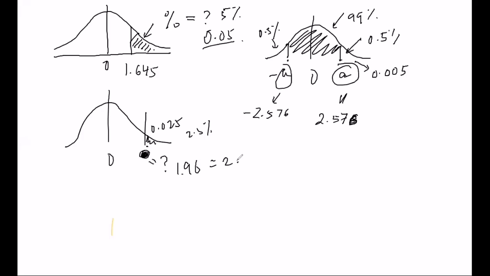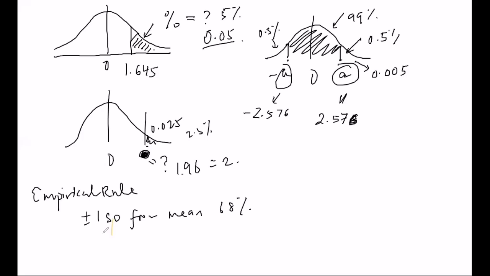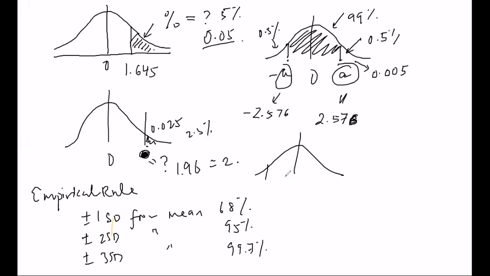So this is about 2, okay? If you recall the empirical rule, it says that plus minus 1 SD from the mean will take up about 68%, plus minus 2 SD, 95%, and plus minus 3 SD, 99.7%, okay? So you look at plus minus 2 standard deviations.